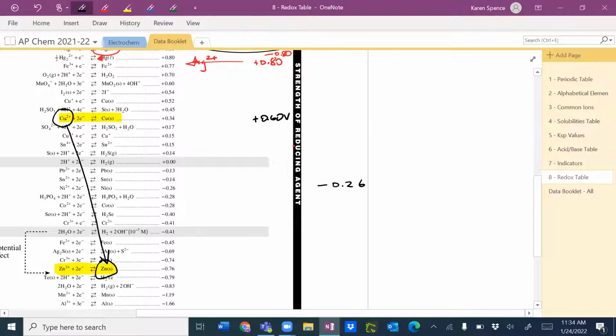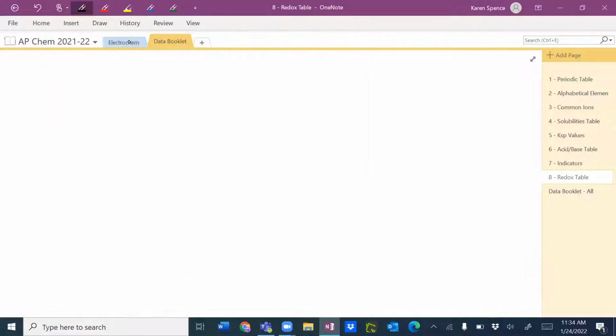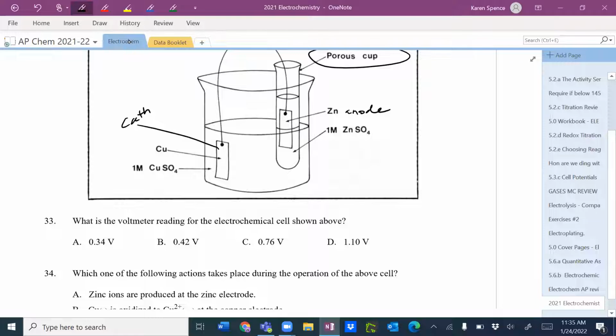So this is going to be getting reduced, gaining electrons, and that's going to be our cathode. And this one's getting oxidized, so that's going to be our anode. So that's how you know that copper is the cathode and zinc is the anode.